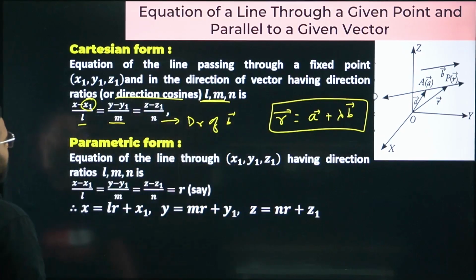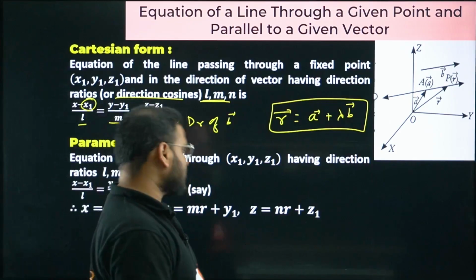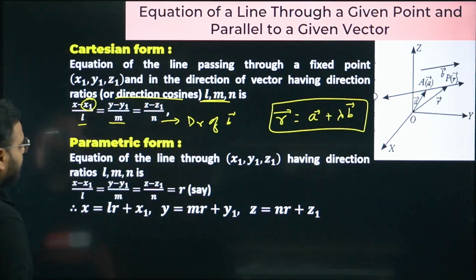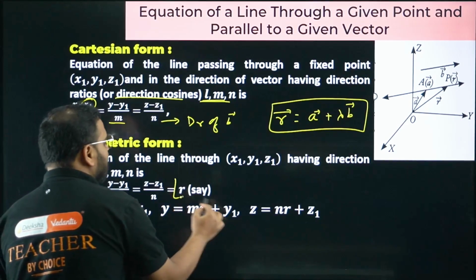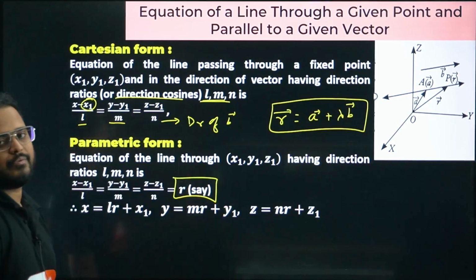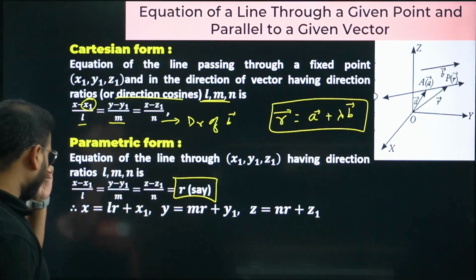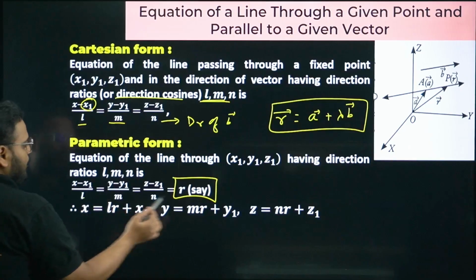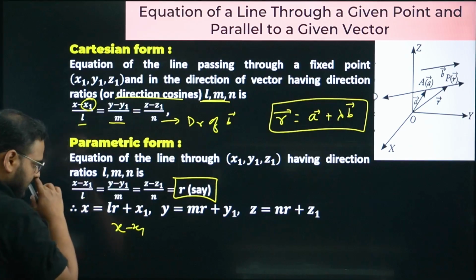Parametric form: equation of the line through (x1, y1, z1) having direction ratios l, m, n, given like this, (x - x1)/l. So basically involving a parameter over here, r, a constant. Same thing, just writing a constant over here. If you do that, what are you going to get? Please check. You can multiply l by r. I'll show you for the first one. I'm writing x in terms of the parameter.